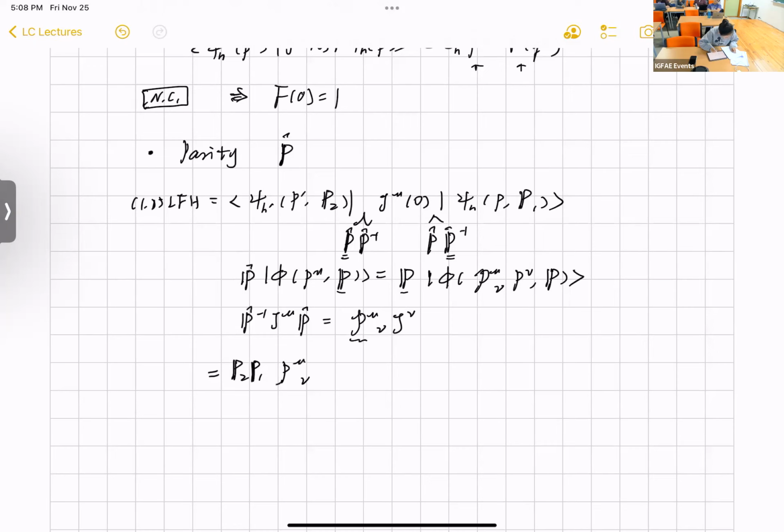So let me take this out explicitly. I am just writing this as a dot product. So this is parity.